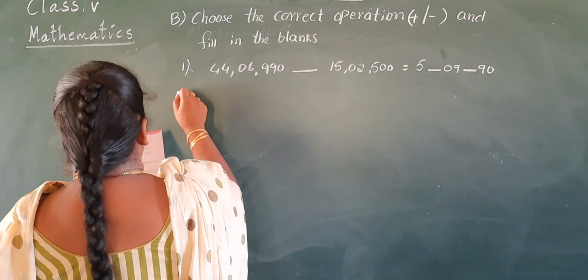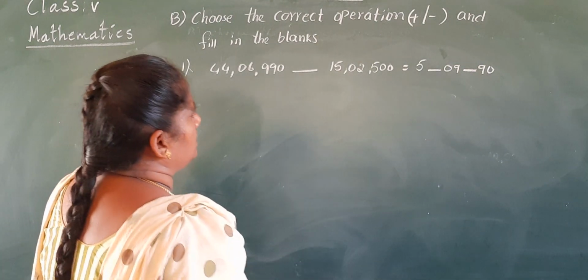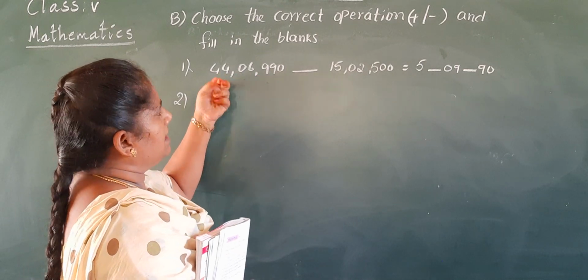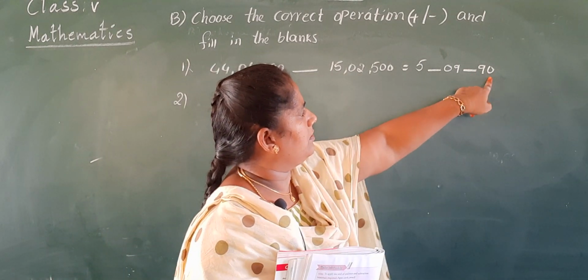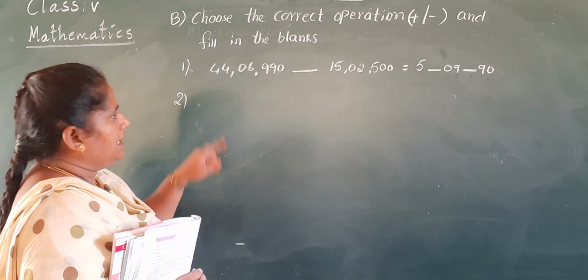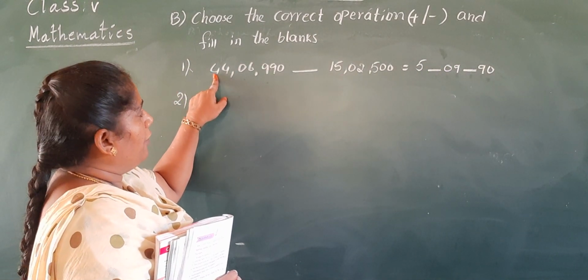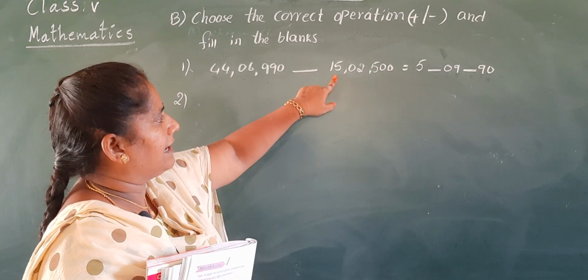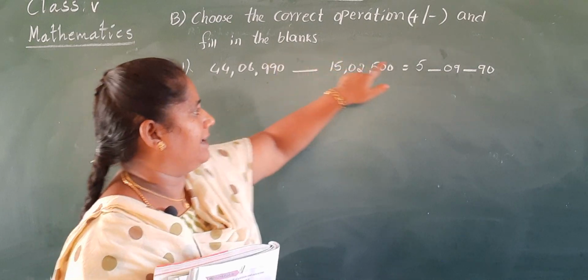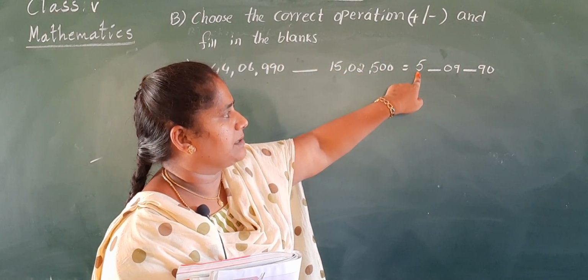See this first one. Here we will keep plus or minus. How many digits are there here? 3, 5, 7. This is also 1, 2, 3, 4, 5, 6, 7. Okay, 7 digit numbers. Here 44 lakh, 15 lakh. Which operation do we use to get 5 in the 10 lakhs place?